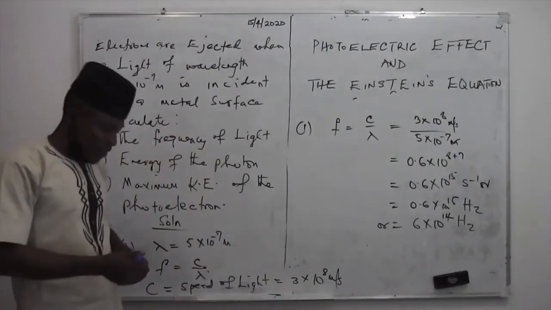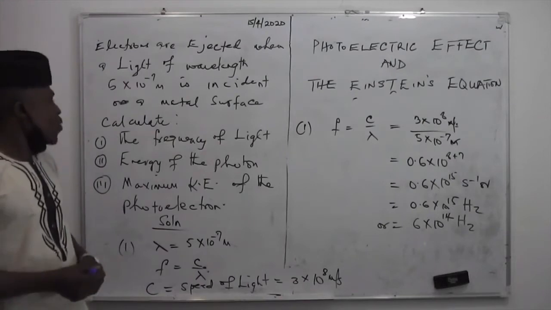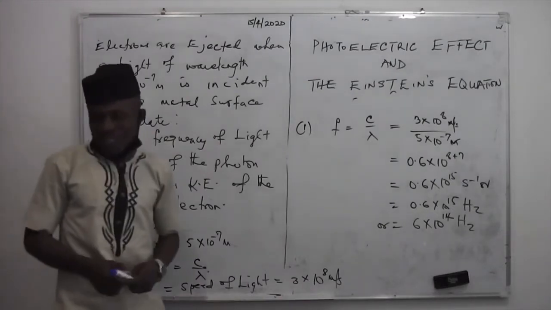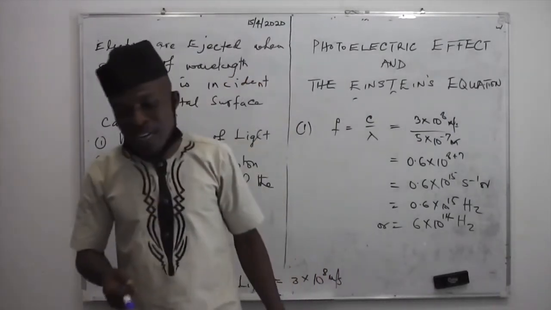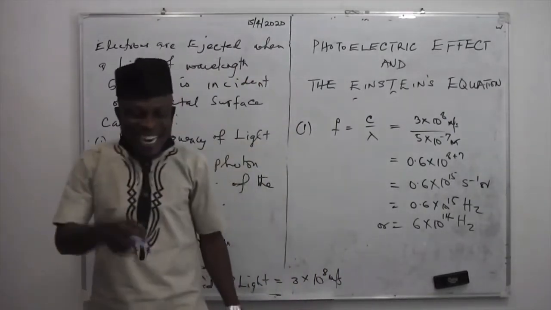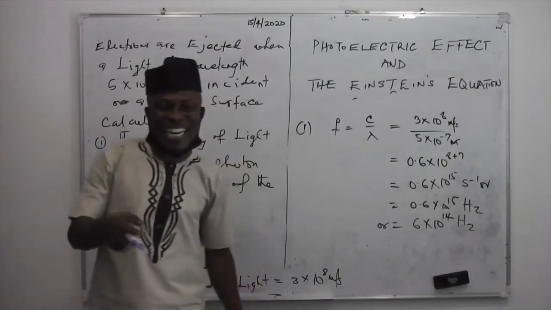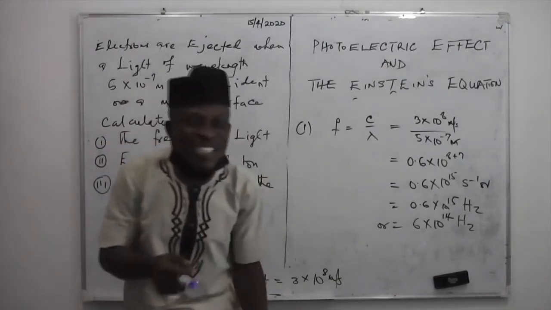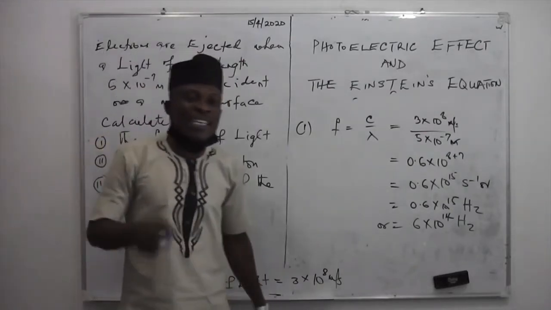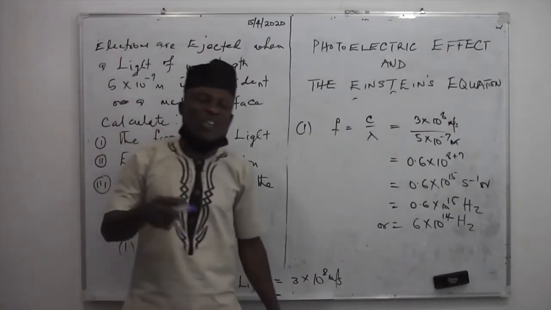The second question asks: what is the energy of the photon? Obviously, you will have noticed that from Einstein's postulation, the energy is directly proportional to the frequency, and the magnitude of the energy itself is the product of a constant and the frequency of radiation. This constant is known as Planck's constant.